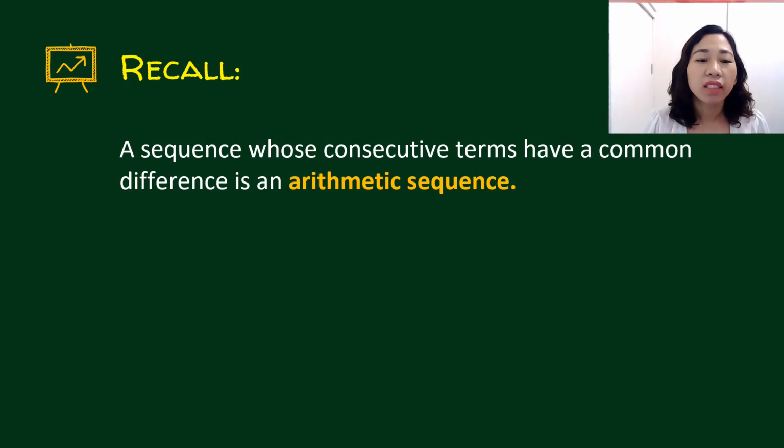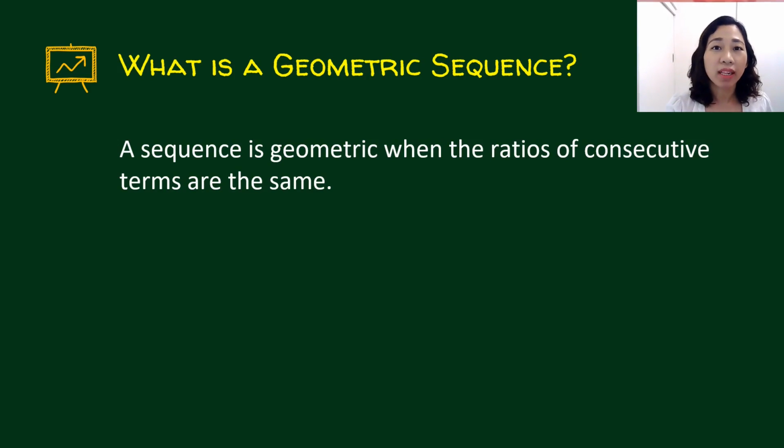Let us recall that an arithmetic sequence is just a sequence whose consecutive terms have a common difference. That is, you keep on adding or subtracting the same number to get the next term. Whereas a geometric sequence is a sequence wherein the ratios of the consecutive terms are the same. So remember the difference between arithmetic and geometric sequence.